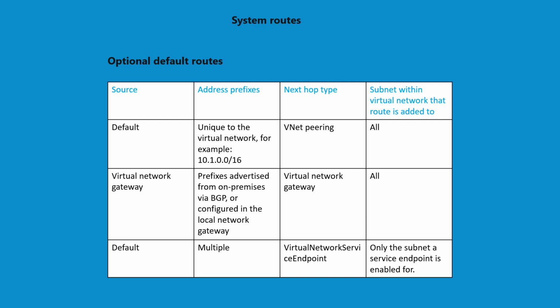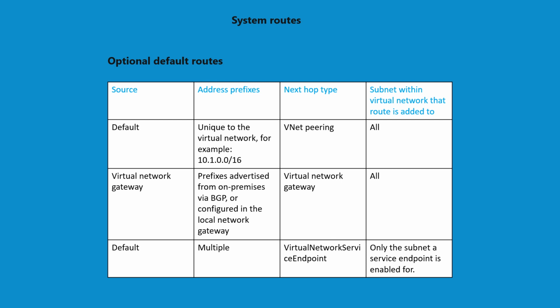The third type is going to be virtual network service endpoints. Public IP addresses for certain services are added to the route table by Azure when you enable a service endpoint to the service.